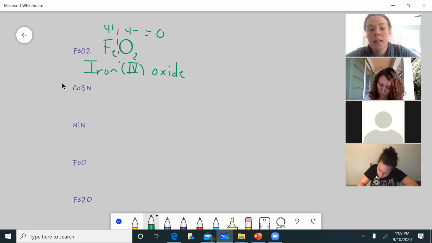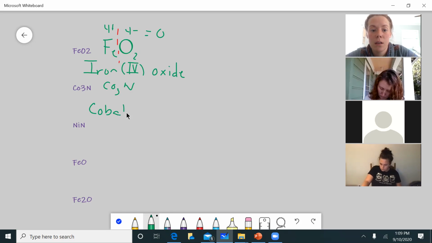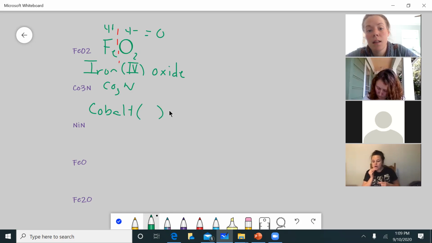All right, next one here, I've got cobalt with a 3 and then nitrogen. So I know that this is cobalt. By looking at my periodic chart, I know I need a Roman numeral because it's in the middle, and this is nitride. So I need to figure out what my charge is on cobalt.